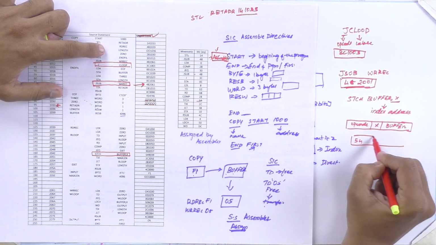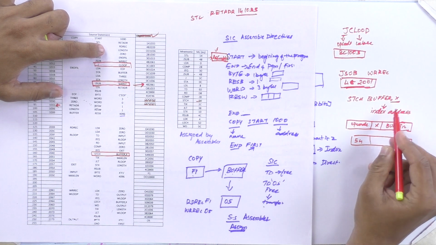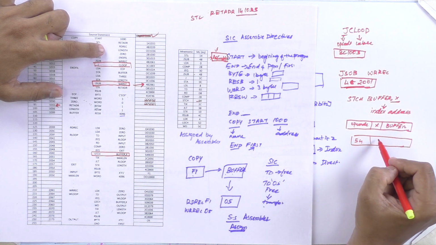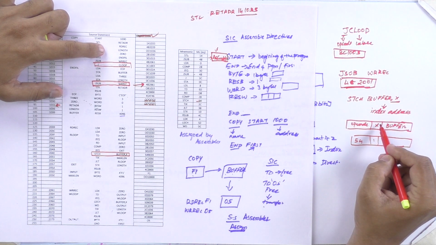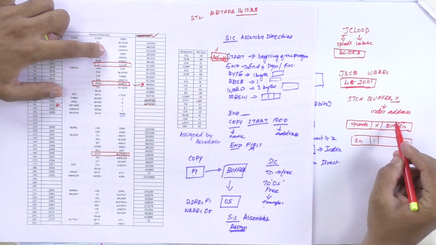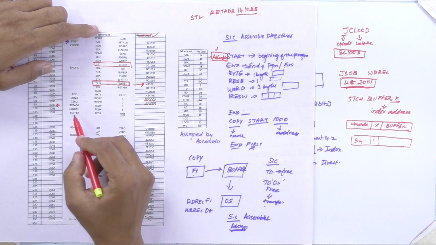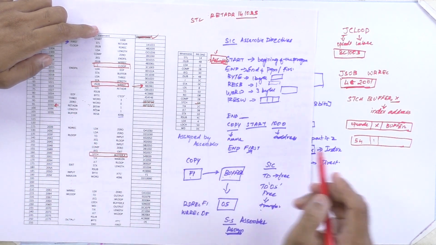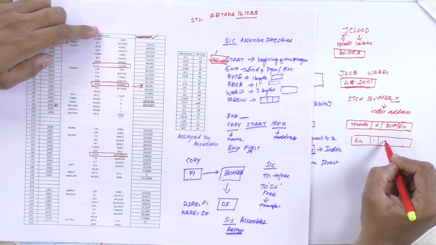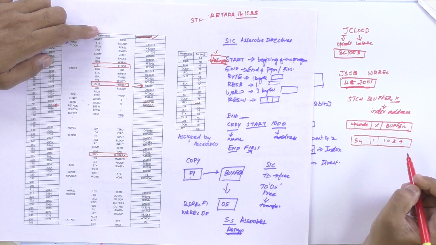It should be represented in 8 bits. Then X: if it is index addressing mode, X is 1. If it is not index addressing mode, X will be 0. For BUFFER, we have to find the address of BUFFER. The address of BUFFER is 1039.